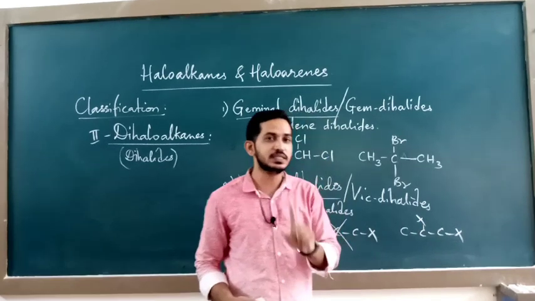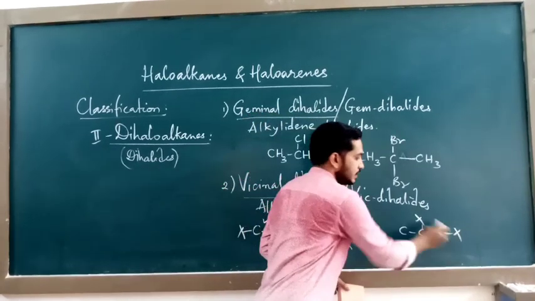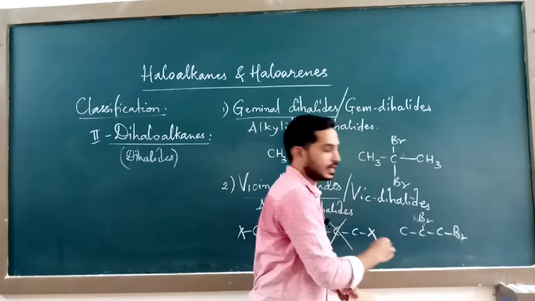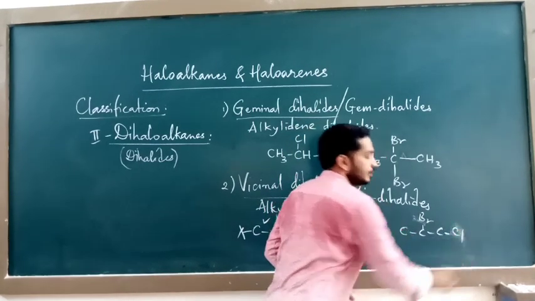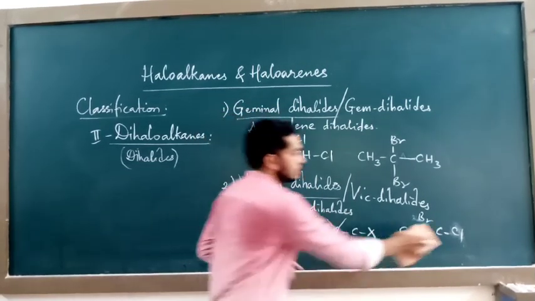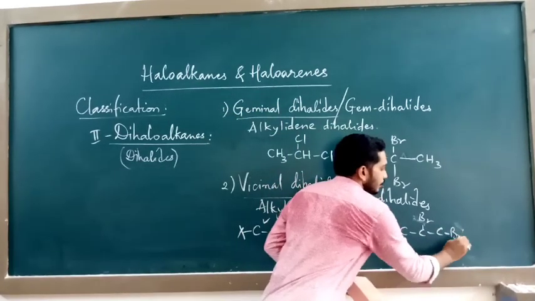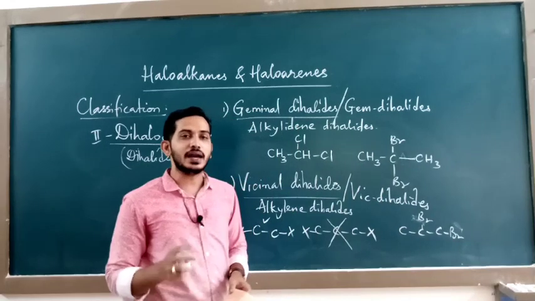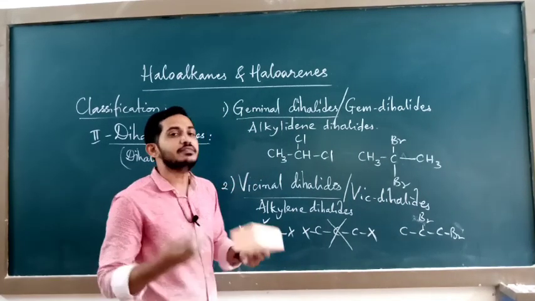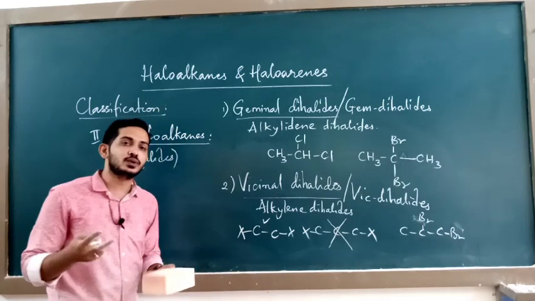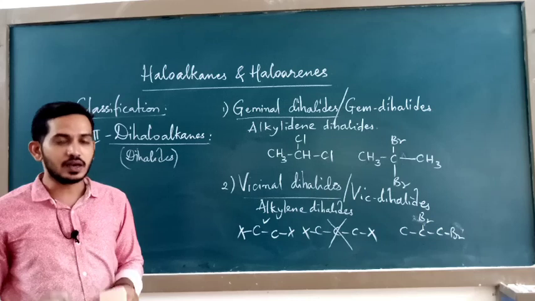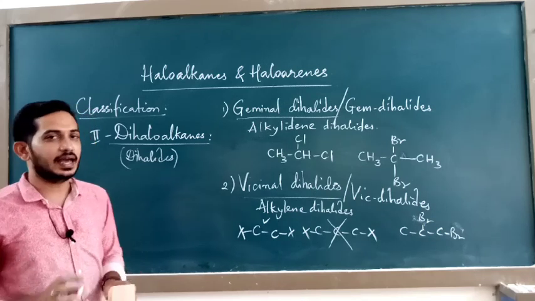Provided condition, they should be same. Both the halogens should be same. Means if this is Br, if this is Br, then it is vicinal. If one is Br and the other is Cl, they cannot be vicinal again. So vicinal dihalides are those in which two same halogens are attached to adjacent or neighboring carbon atoms. What if I say two same halogens are attached to different carbon atoms? Then it implies it is simply a dihaloalkane and not vicinal dihalide.